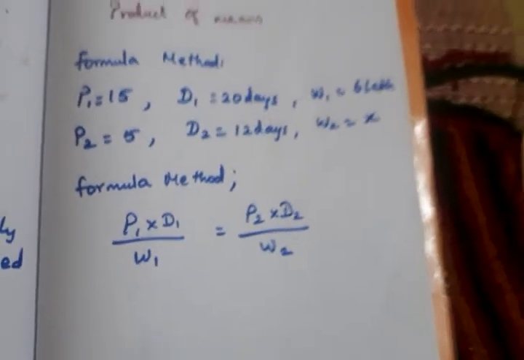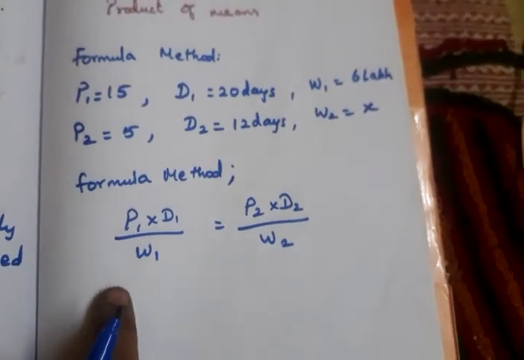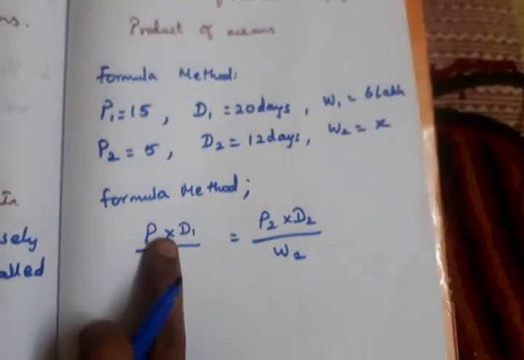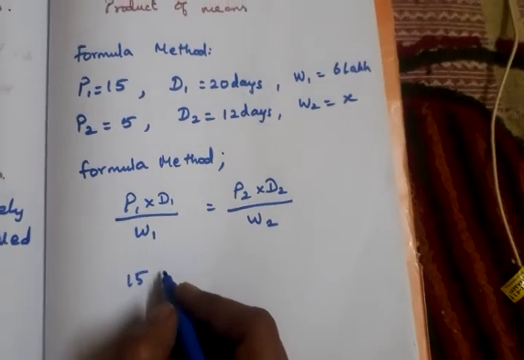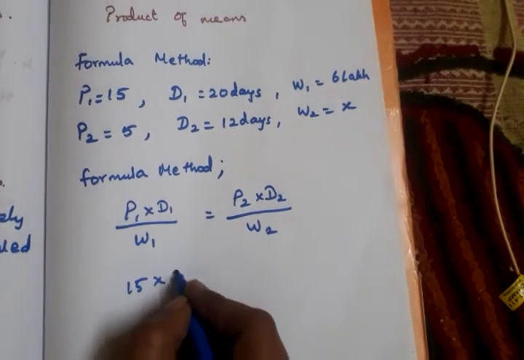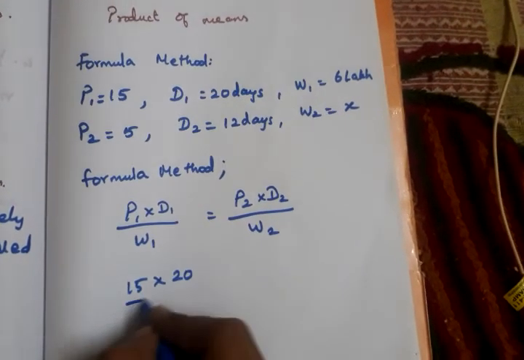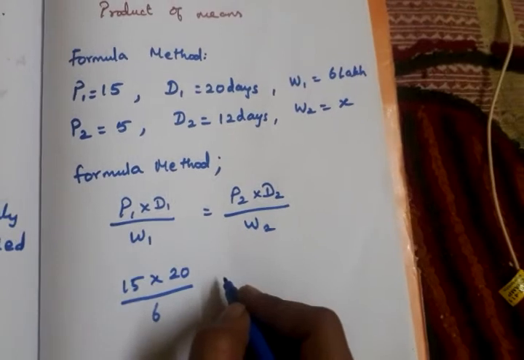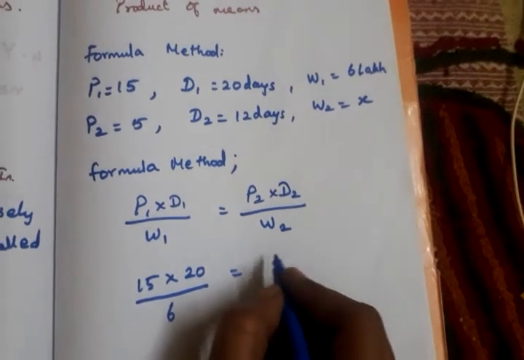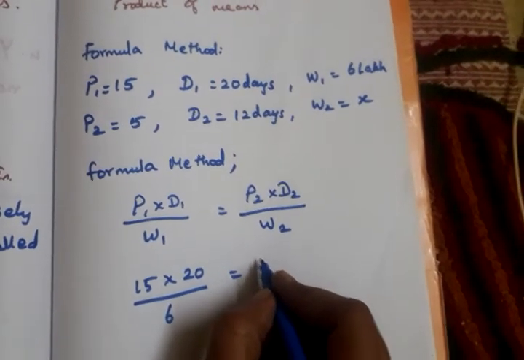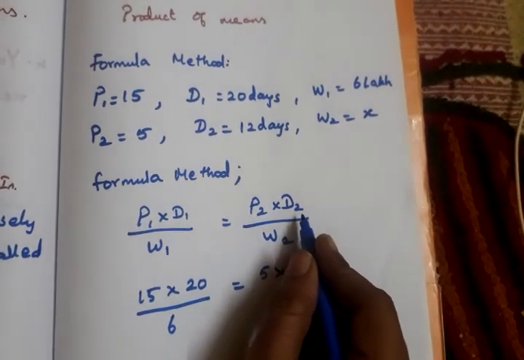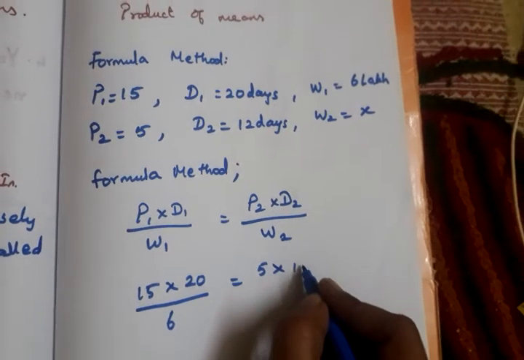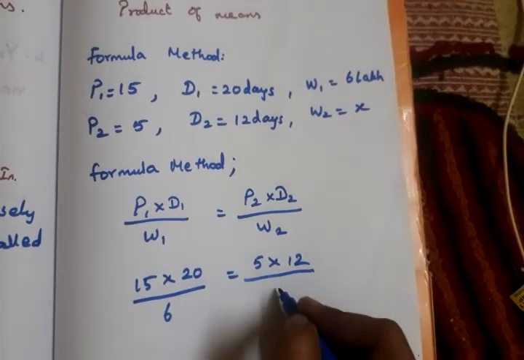So P1 means person, that is workers. P1 value 15, D1 20, W1 6. Then P2, how many persons? 5 persons. D2, how many days? 12 days. W2 X. So find the value of X.